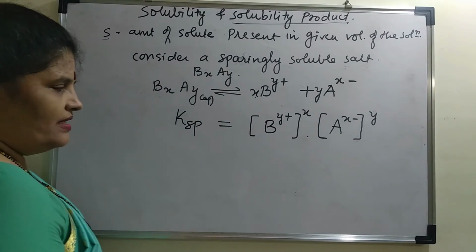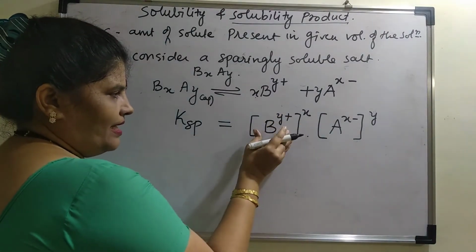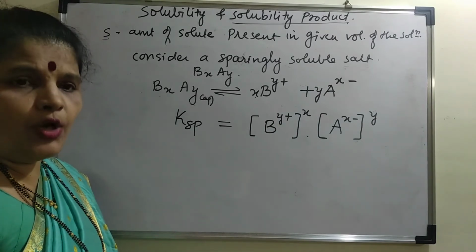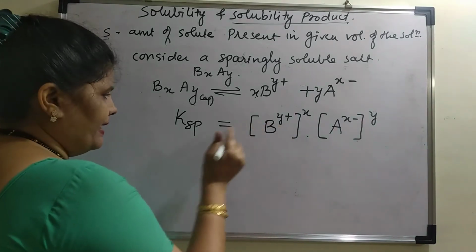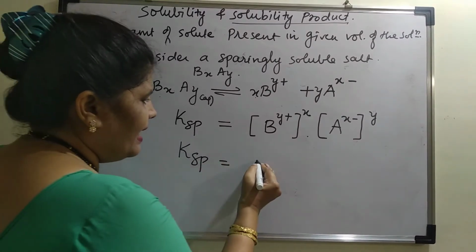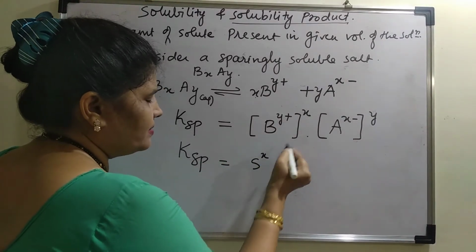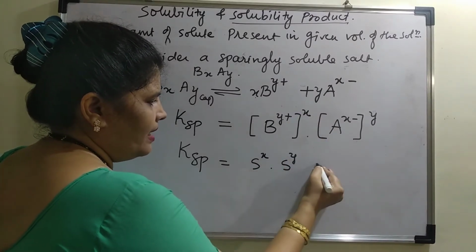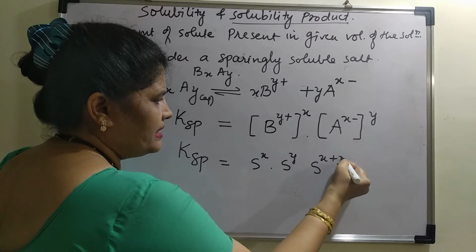Right? If I say that B^y+ is the active mass, its active mass means its molar concentration, means its solubility, then Ksp is equal to what? S raised to x, S raised to y, and S raised to x plus y.